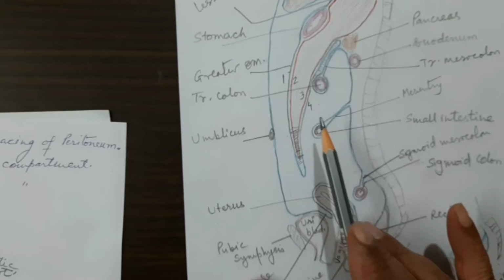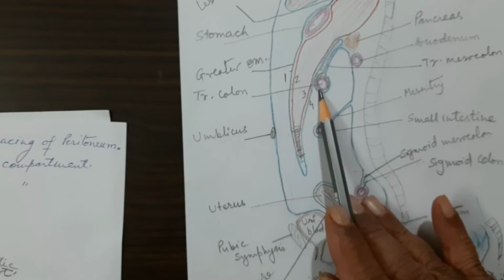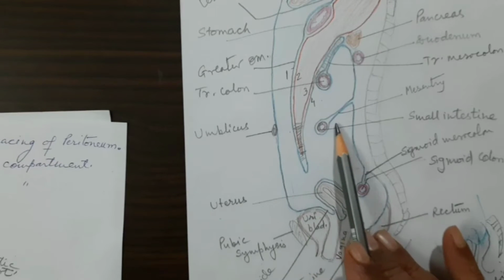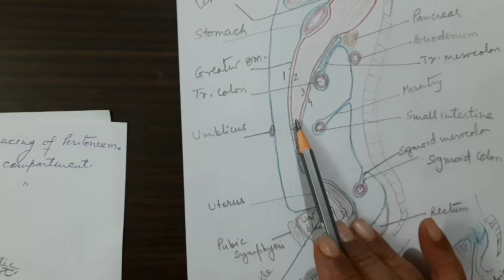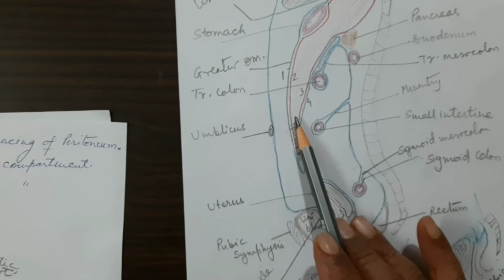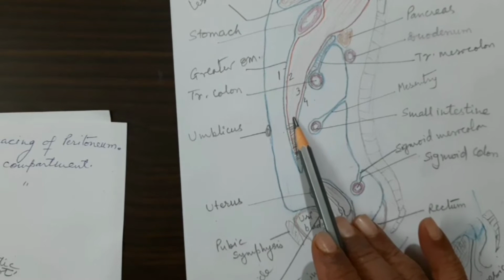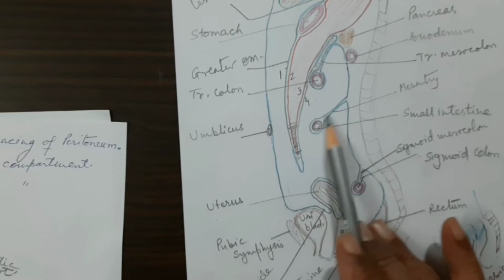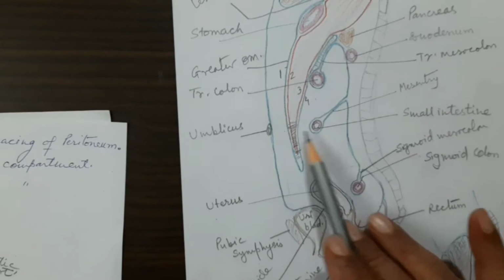Then the second section is through the infracolic compartment below the transverse colon, and this will pass somewhere here, which will cut the greater omentum, which encloses the lesser sac. This will cut the mesentery of the small intestine and the posterior wall.